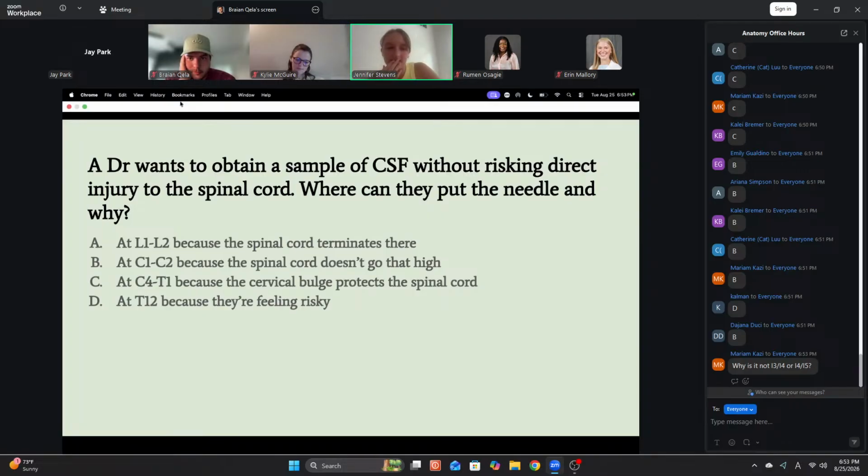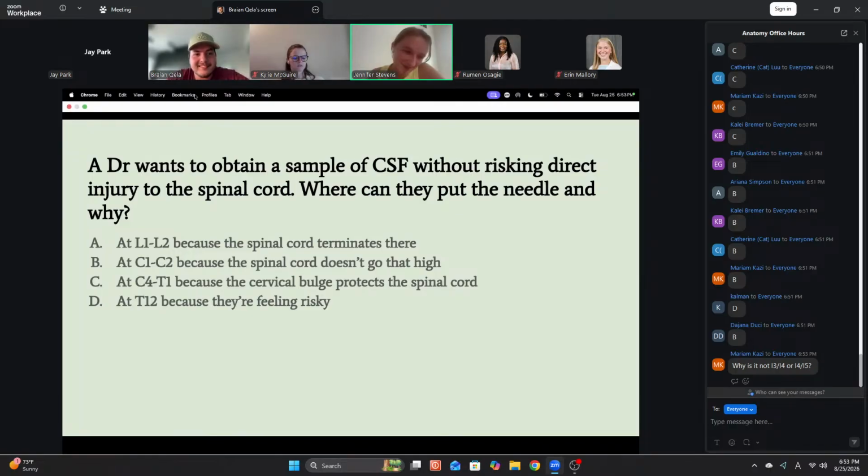Sorry, I realized I made another mistake. I was making these at like 11 o'clock last night. You're right. It should be L3 to L4 because the spinal cord ends at L1, L2. I think I ended up going back and changing the wording of the question and not ever changing the answer.